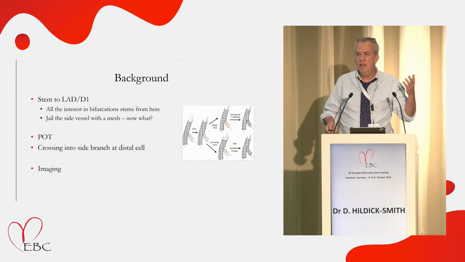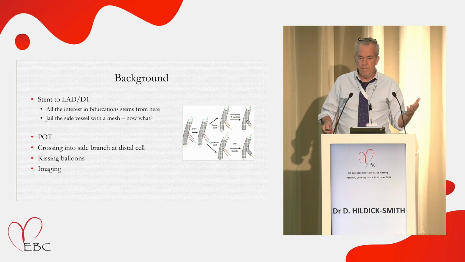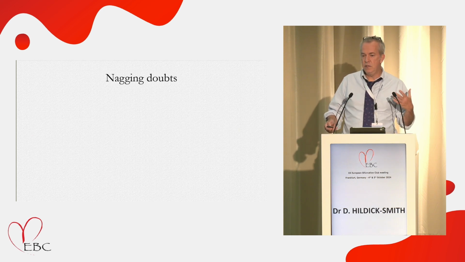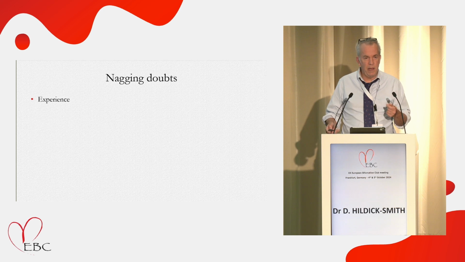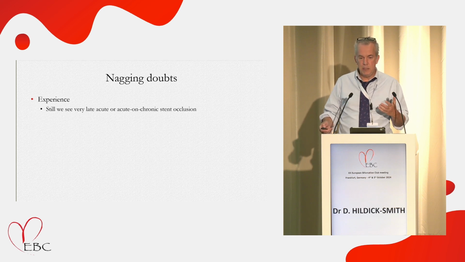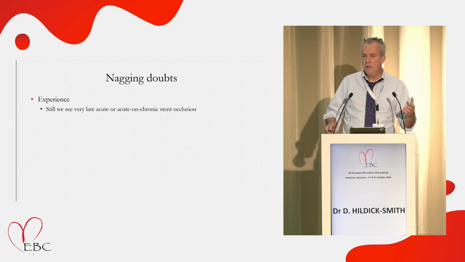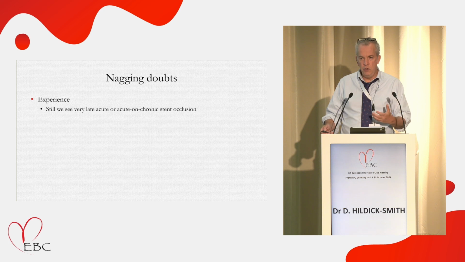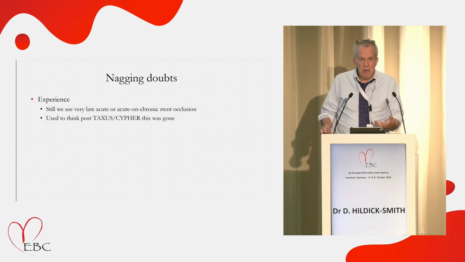And actually, it's still slightly messy, because, as we have increasingly been discussing over the last few years, there are nagging doubts about this. One is the clinical experience of it. We continue to see drip, drip, drip of late acute or acute on chronic stent occlusions, which we were not expecting.